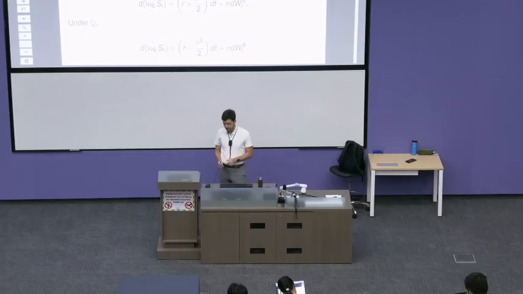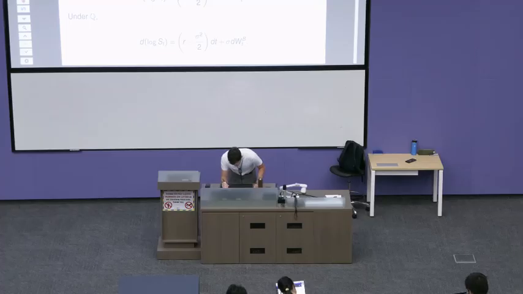I get rid of this exponential term by applying the logarithm, and this just means that the dynamics of the log prices are just given by, again, I need to use this eta, minus 1/2 sigma square dt plus sigma dWt.